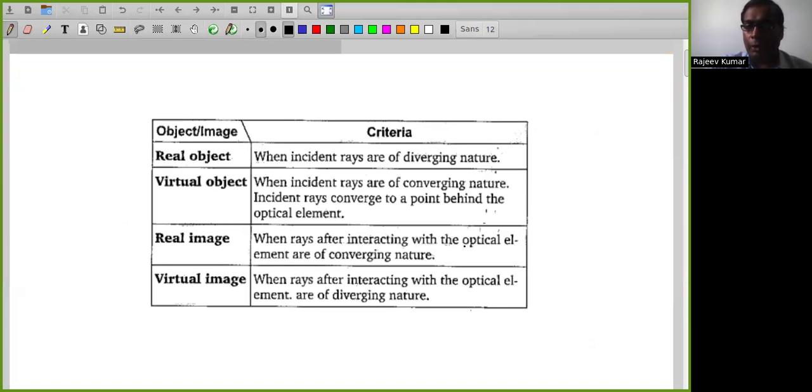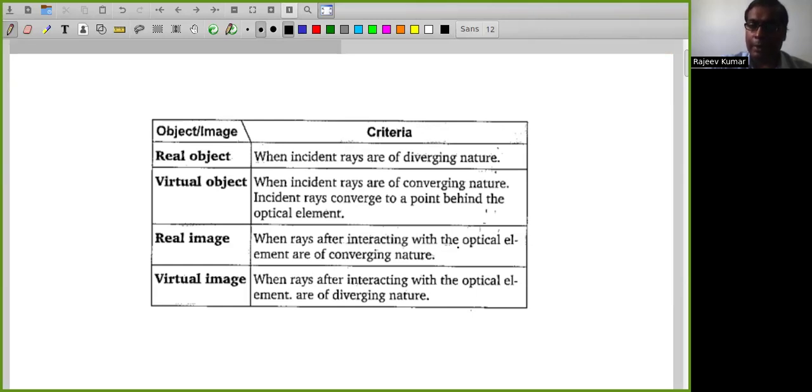Now coming to the four types of object and image according to the criteria. When the incident rays are diverging in nature from the object, that object is called a real object. While if the incident rays are converging in nature and converge behind the optical element, in that case the object becomes virtual.